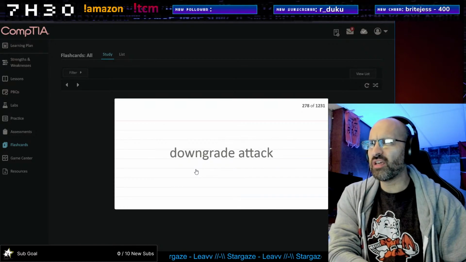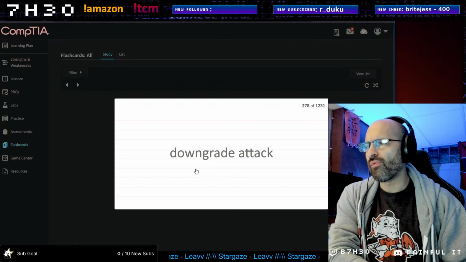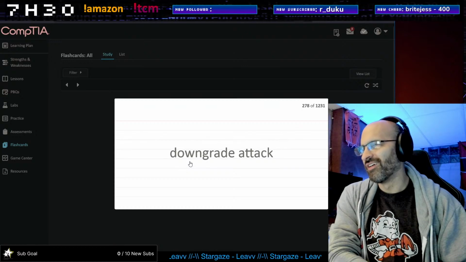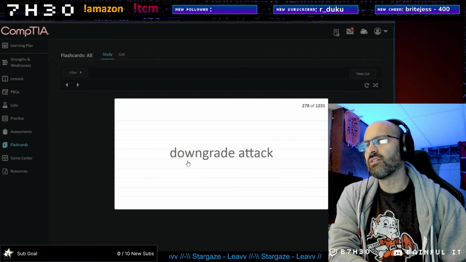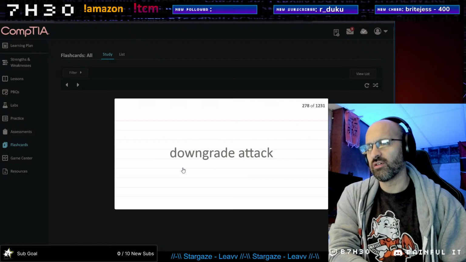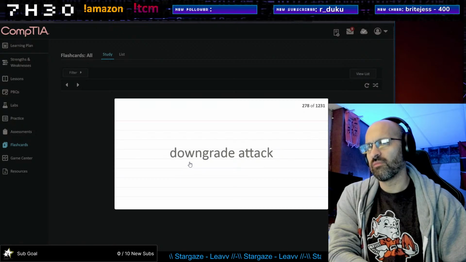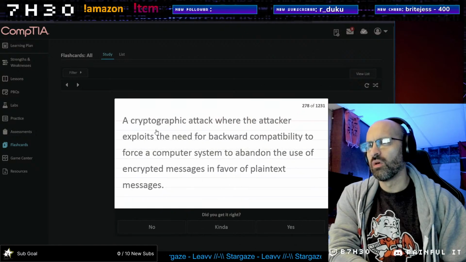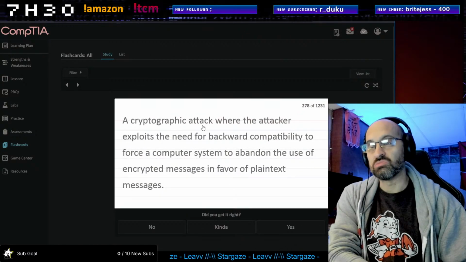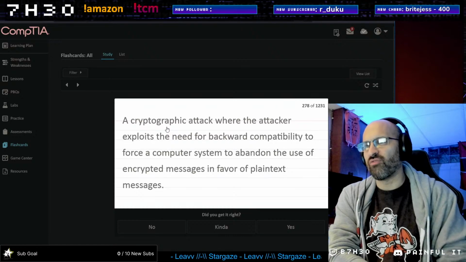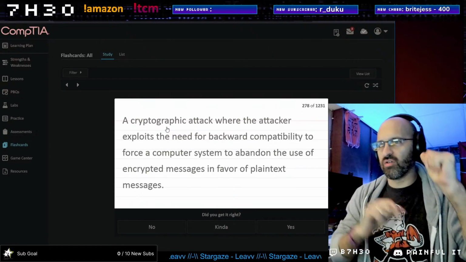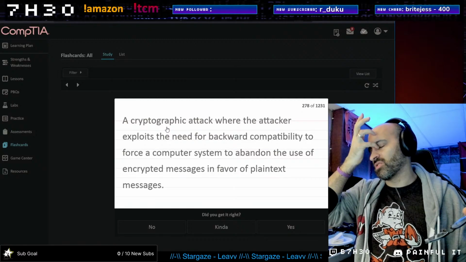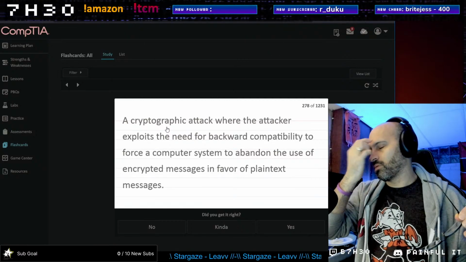I think this is when you purposefully roll back a version of software to a vulnerable one. A cryptographic attack where the attacker exploits the need for backward compatibility to force a computer system to abandon the use of encrypted messages in favor of plain text messages. Okay, I was way off.